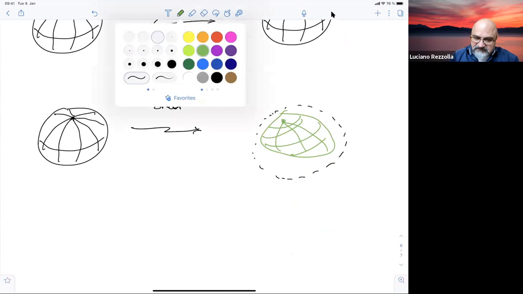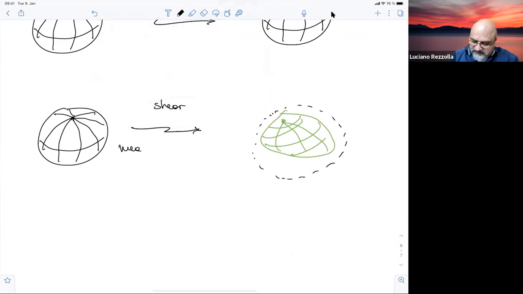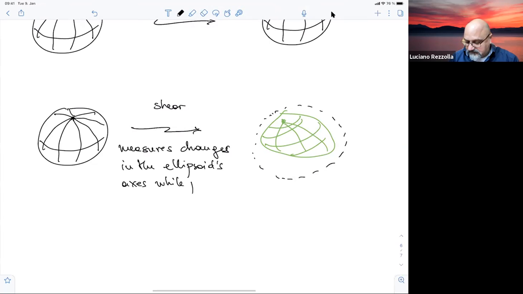So the shear tensor measures changes in the ellipsoid axes while preserving the volume.